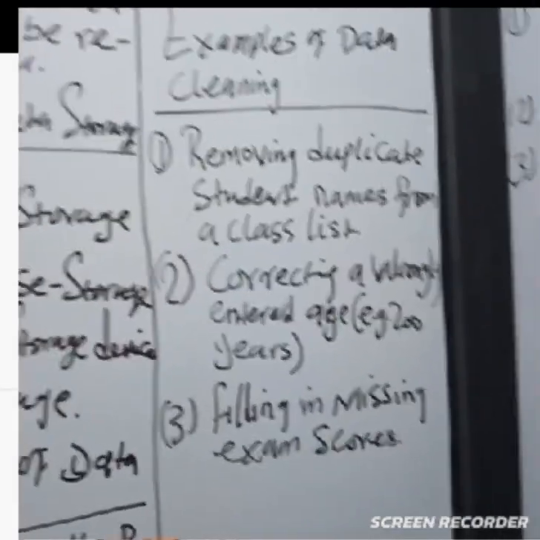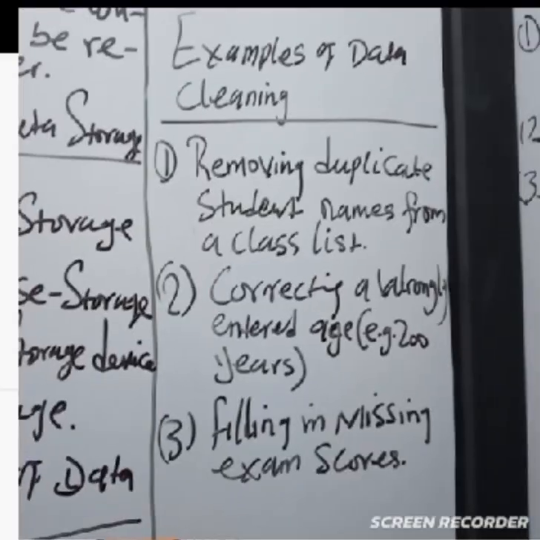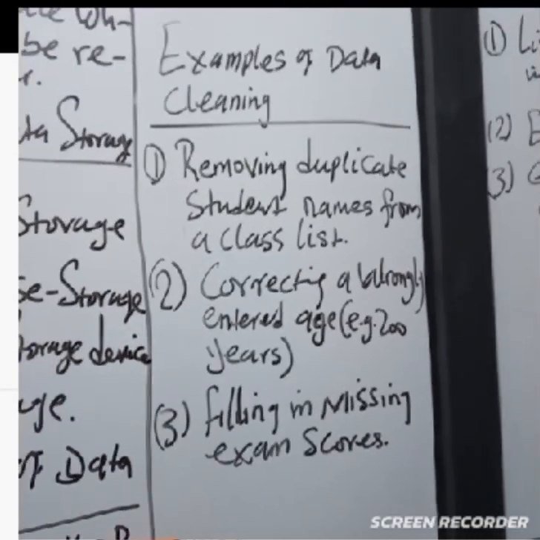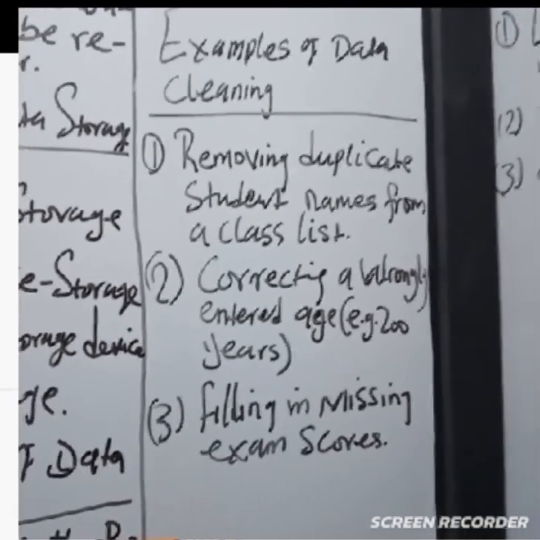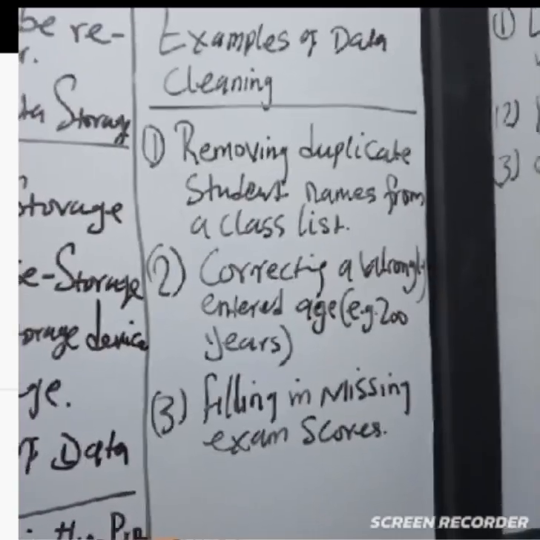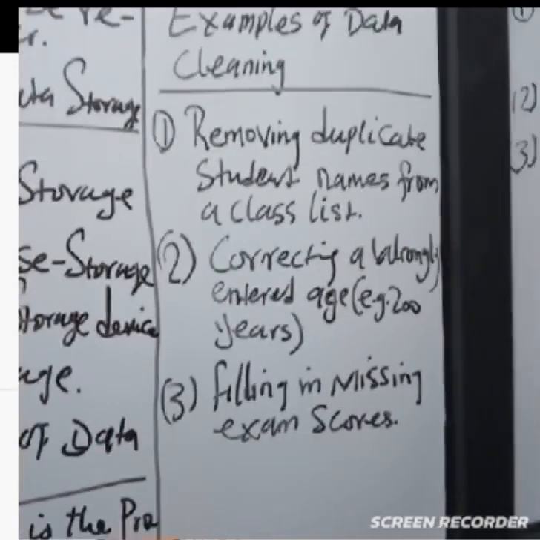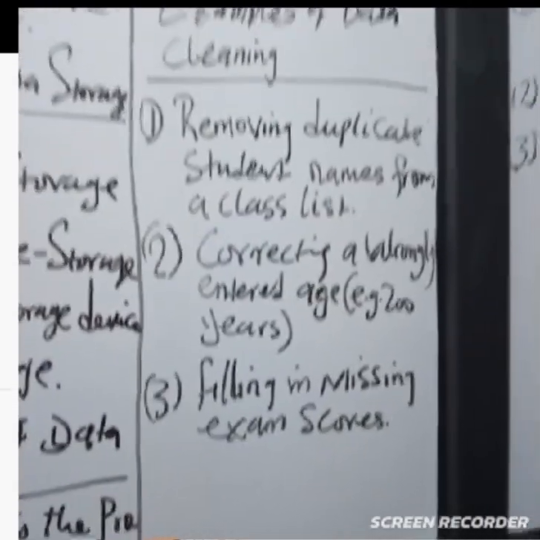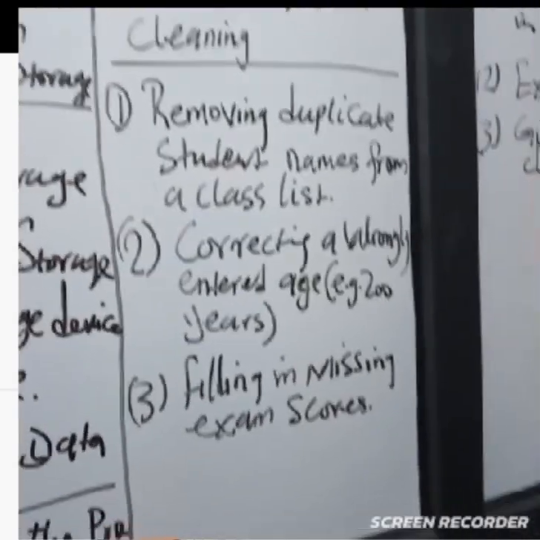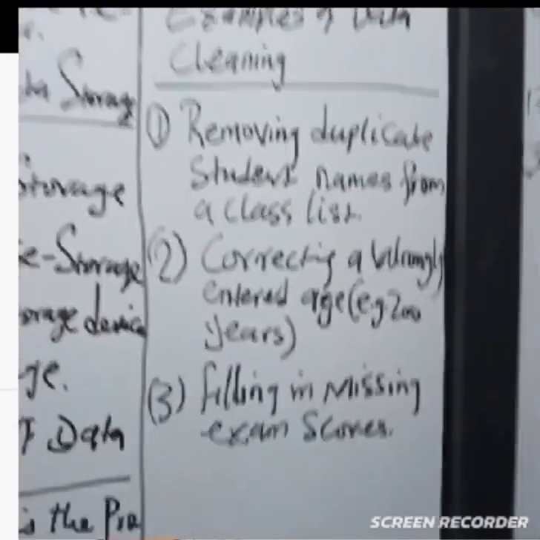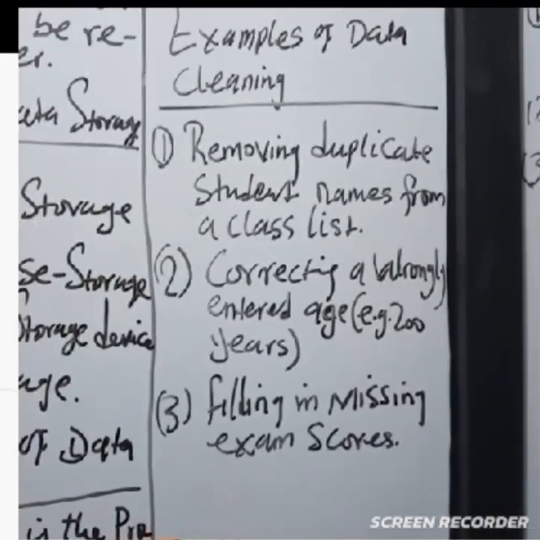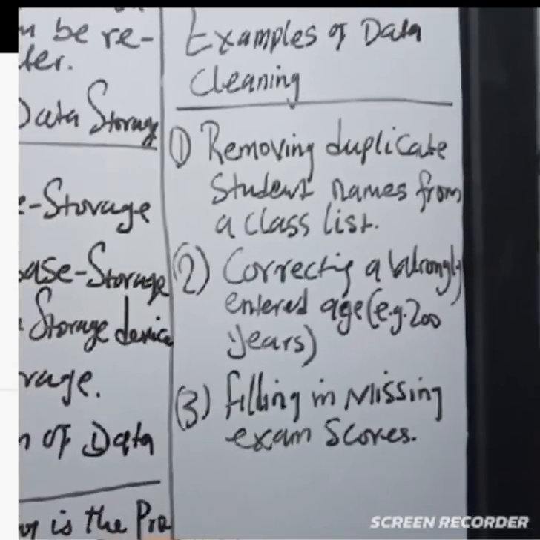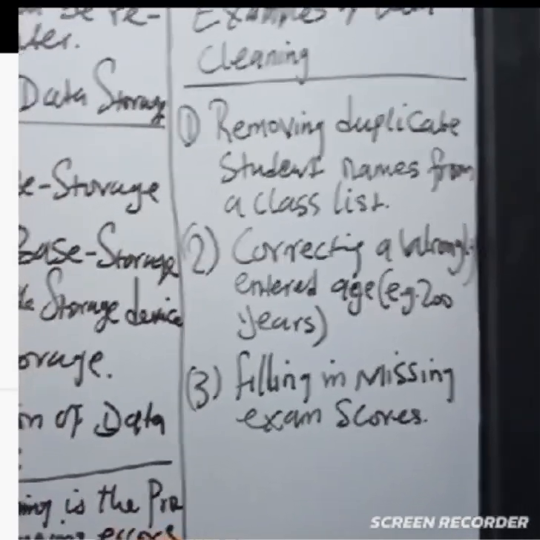Now, examples of data cleaning. Number one, removing duplicate student names from a class list, where a name appears twice and we remove one. Number two, correcting a wrongly entered age, for example 200 years.